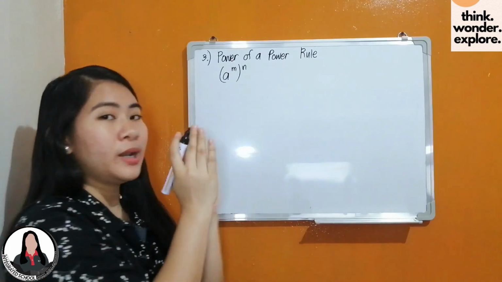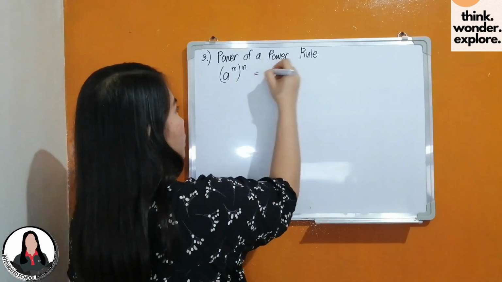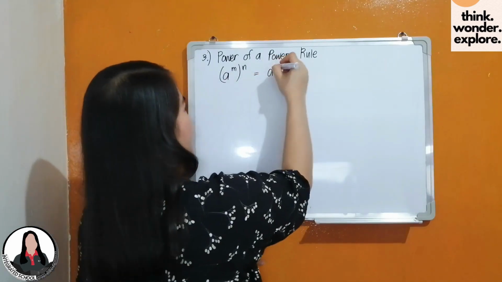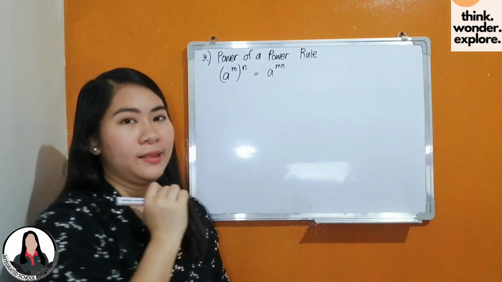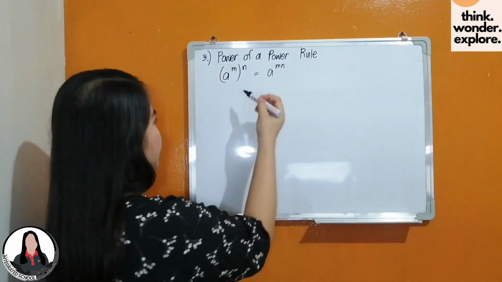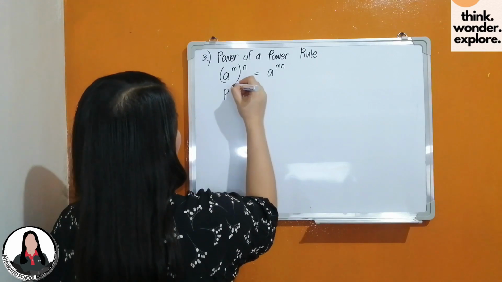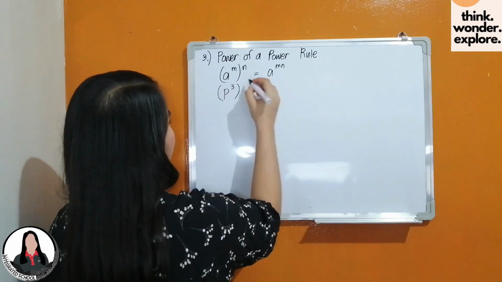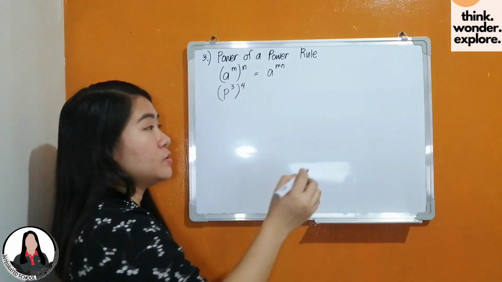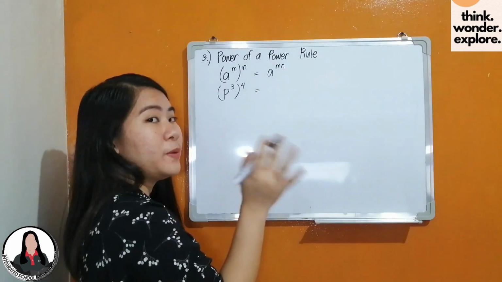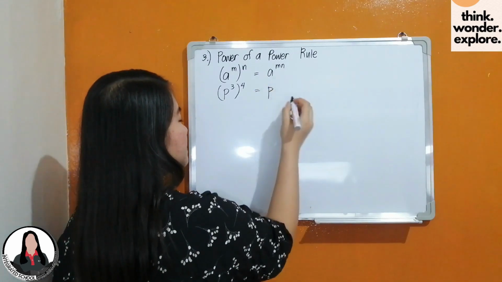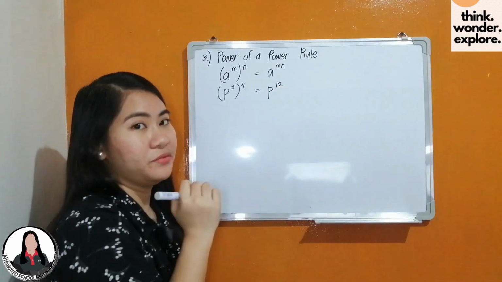So kapag ganito naman, ang gagawin natin is we have to multiply the exponents, a raised to mn. So for example, we have p raised to 3, raised to 4. So we just have to multiply the two exponents, which will give us p raised to 12.